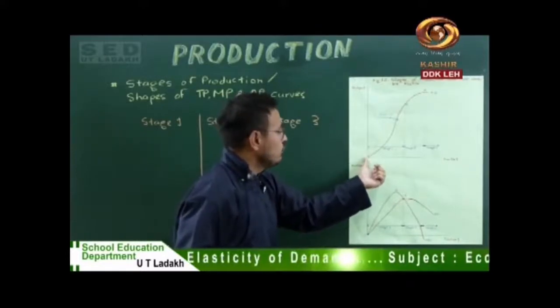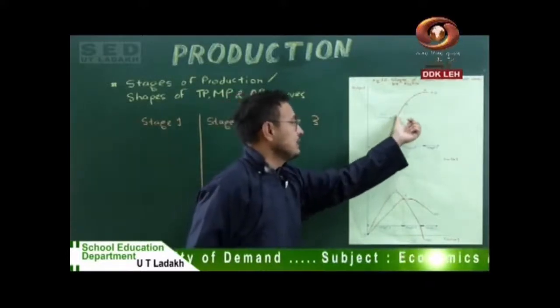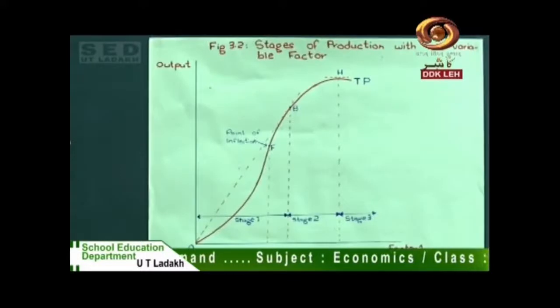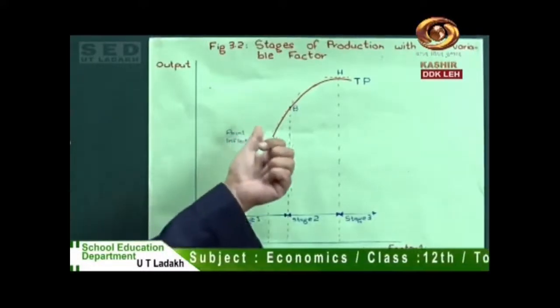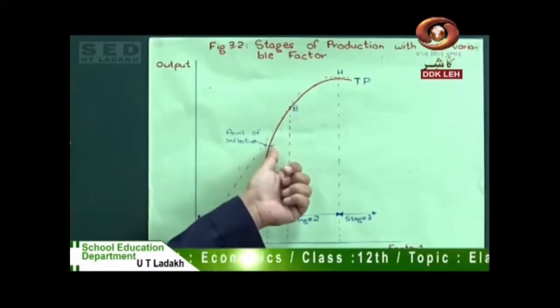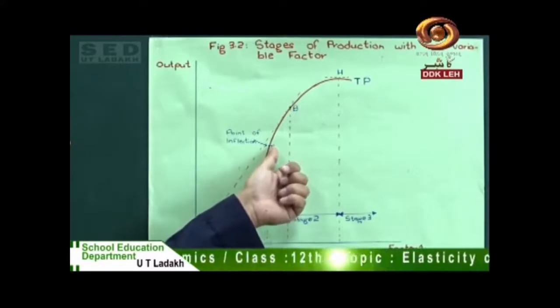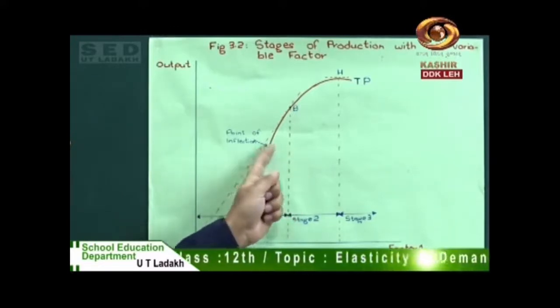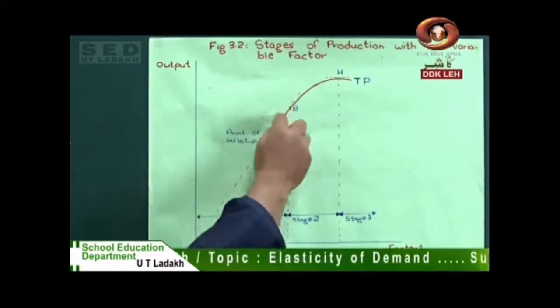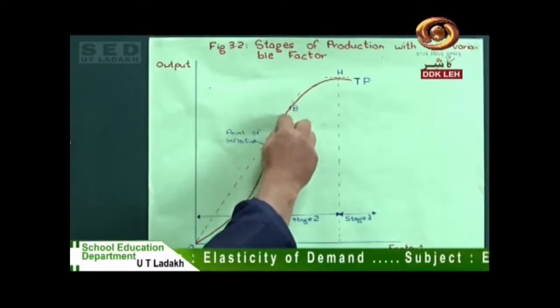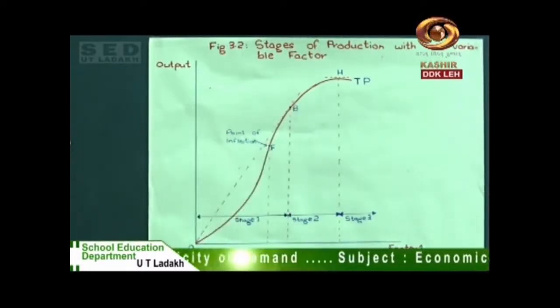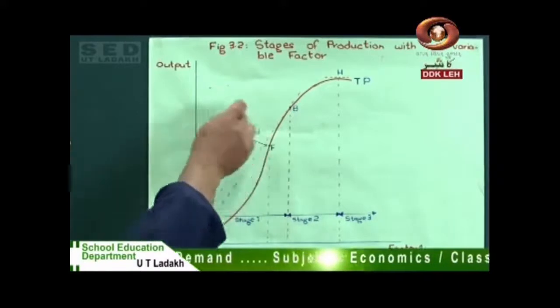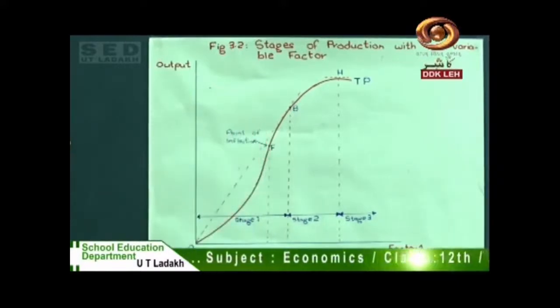So in stage first, your total product is increasing at an increasing rate. It is increasing up till point F at an increasing rate. And after F, it is again increasing, but now it is increasing at a diminishing rate. So this point F is called the point of inflection.